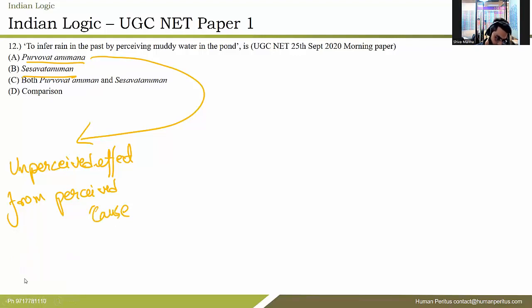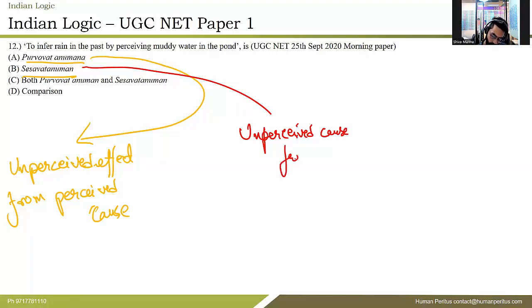And Sesavat Anumana means unperceived cause from perceived effect. Now think of it in this particular manner with both the examples. Sesavat Anumana means unperceived cause from perceived effect.